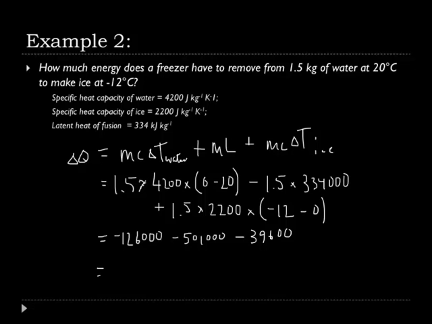And so the total amount of heat that we need to remove is negative 6.7 times 10 to the 5 joules. And the reason it's negative is that we had to remove that much heat.